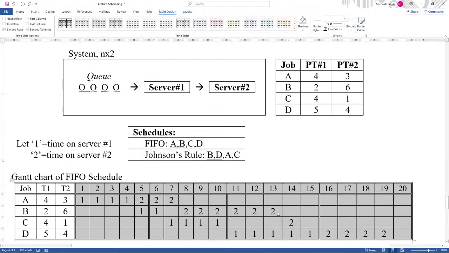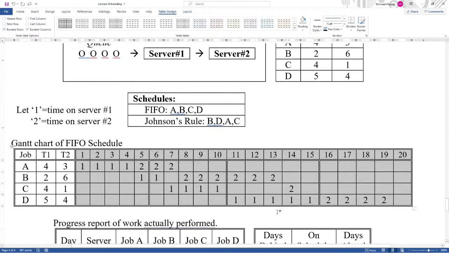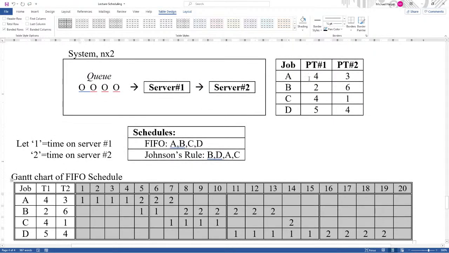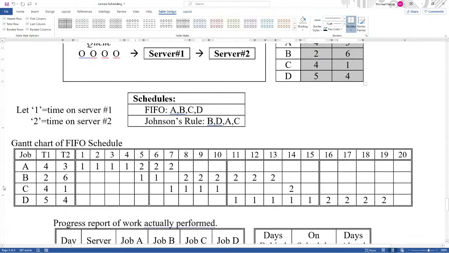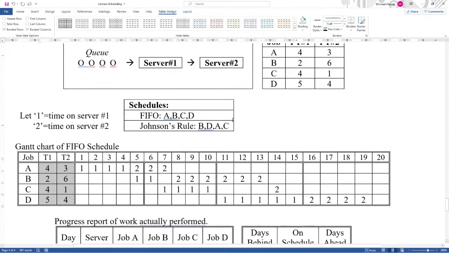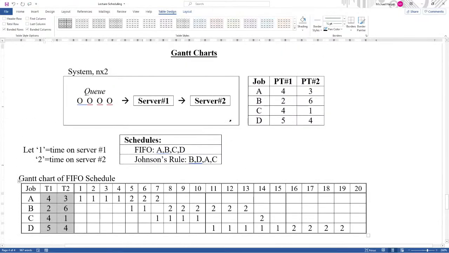All it is is a graph over time. So let's take the FIFO schedule here, ABCD, and let's take these numbers right here, bring them down here, and now let's Gantt this out. Okay, let's use a Gantt chart to Gantt this. So let's just create the Gantt chart.